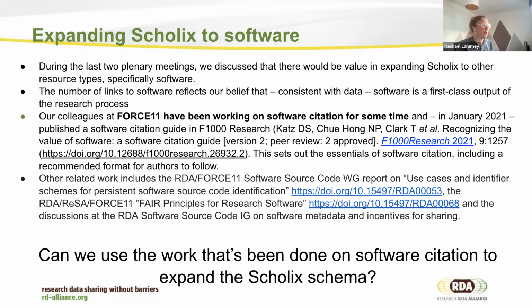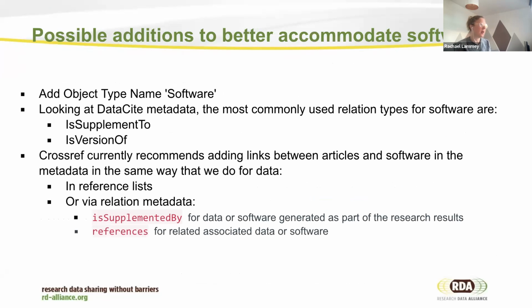So I think what we want to stress here is that we're not looking at this without considering the other work that's been done on this. But again, there's a question: is there work here that we can use to inform our position on software citations? I think this is what we wanted to set up in terms of a discussion.